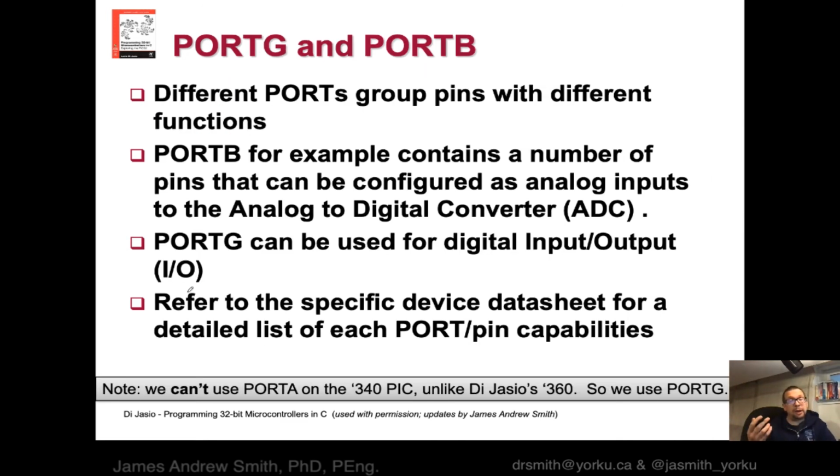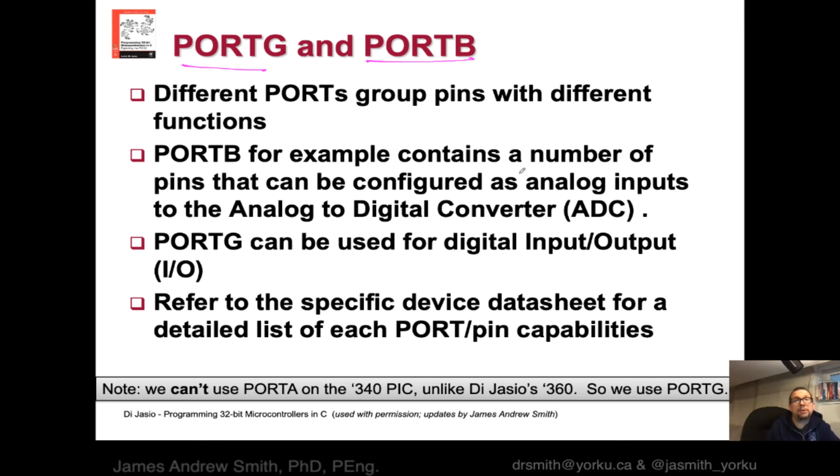On the PIC32, just like on the ATmegas, you'll find that there are different ports. Port B, port G, port A, port C. It depends on your chip, it depends on the configuration. On the 340s, there's a port G and there's a port B. It's just different groups of functions that have been put together in a relatively convenient approach. So there are different port groups with different functions.